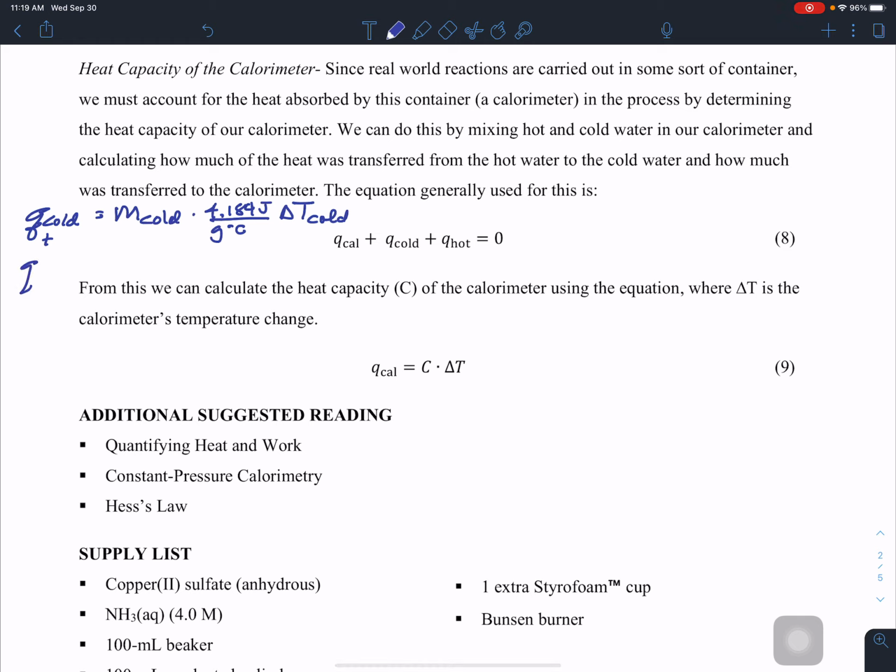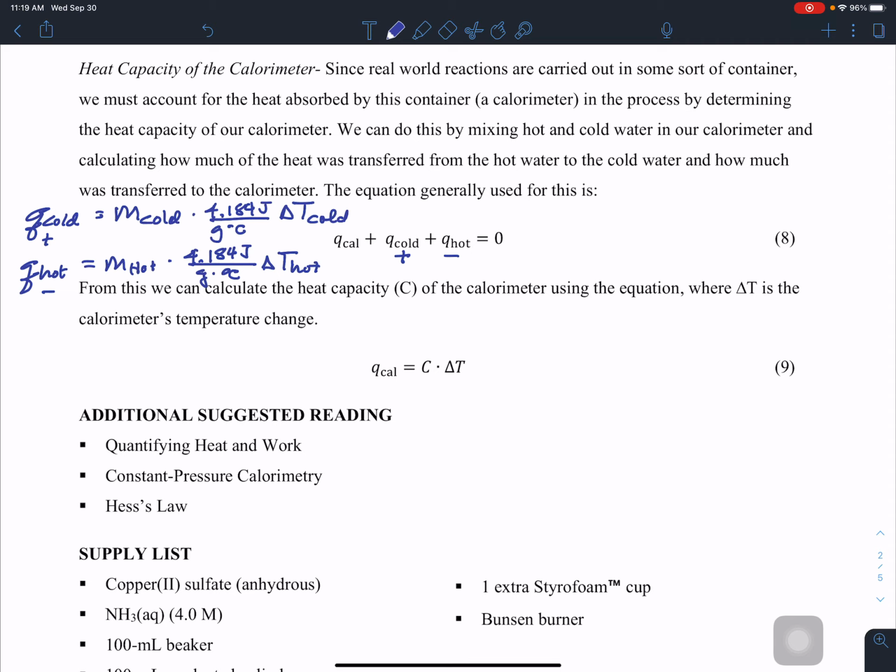Similarly, we've got the hot water. That's the mass of the hot water times the specific heat capacity of water times the change in temperature for the hot water. Well, the hot water started hot and got cooler, so it is going to have a negative temperature change. So this one's positive and this one's negative.